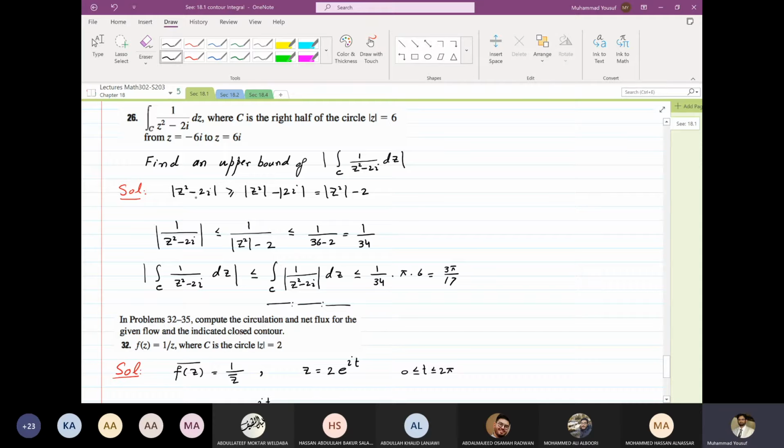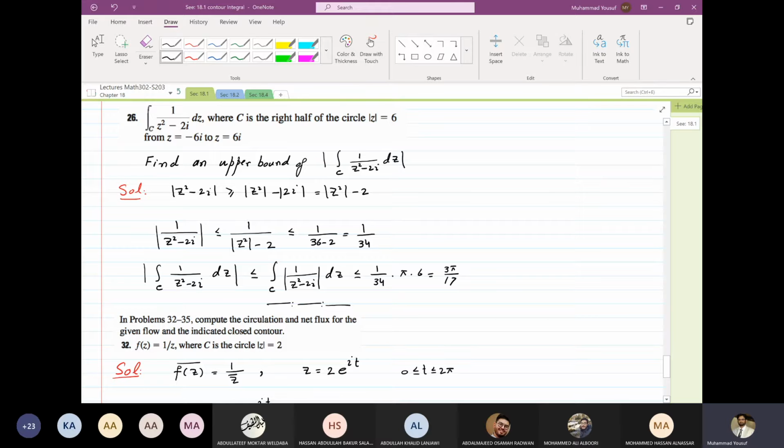Inside here, it is plus or minus, that makes no difference. But here, it will be minus. So it is absolute z square minus 2, because absolute of 2i is 2.